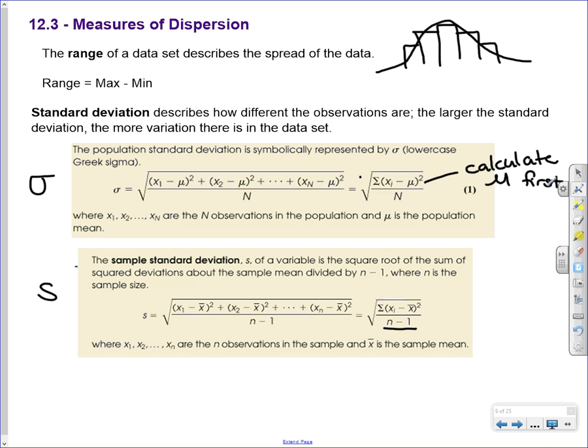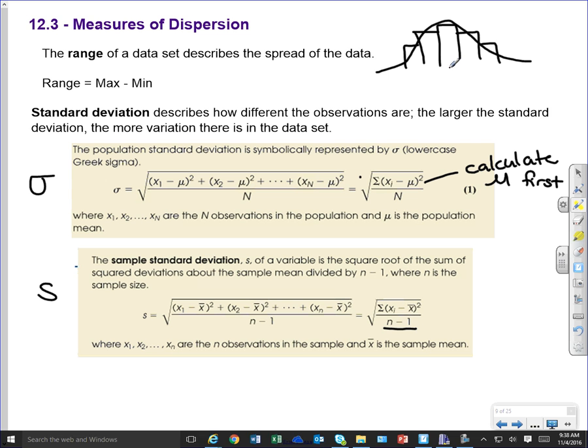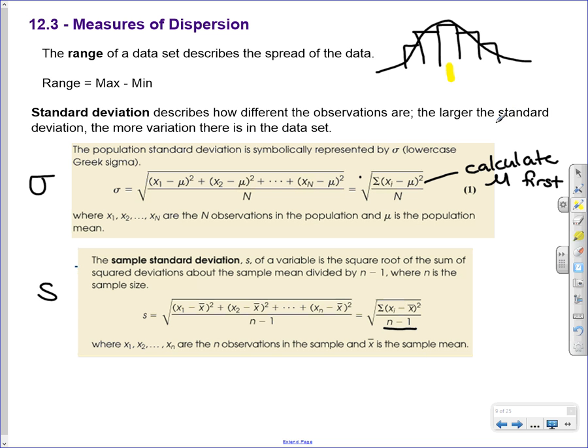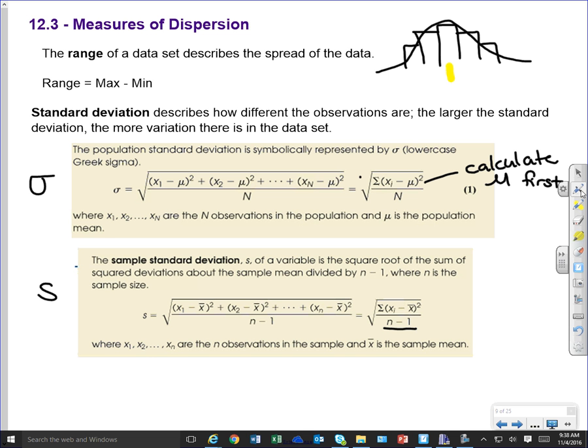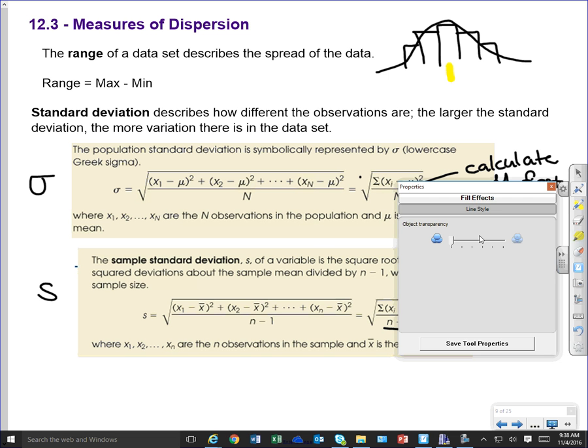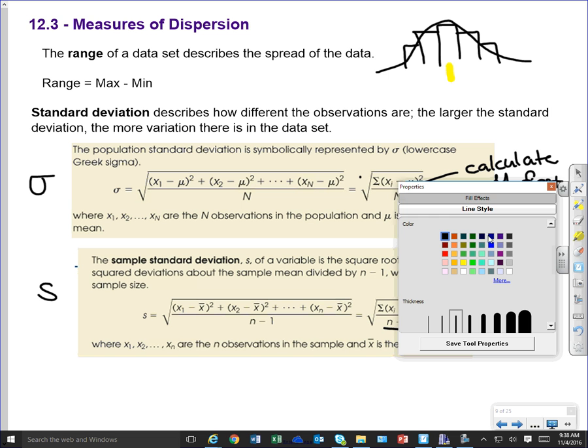So when I've got this data, the first thing I might want to know is where's the center? That was the measures of central tendency in 12.2, and we looked at using the mean, median, and mode to describe the center of our distribution. Well, if you notice, if I've got that histogram, let me fill in another color that you'll be able to see.